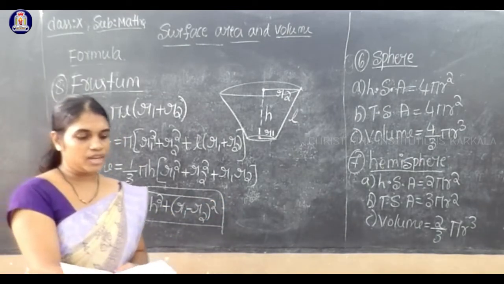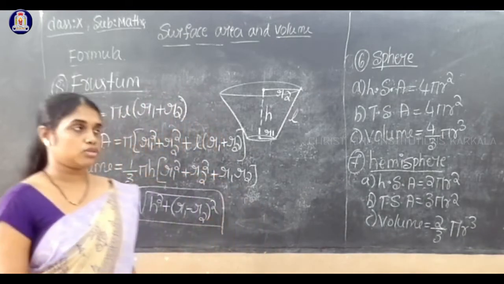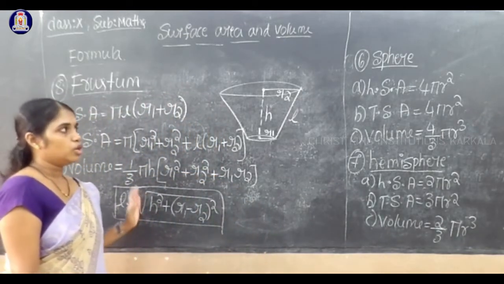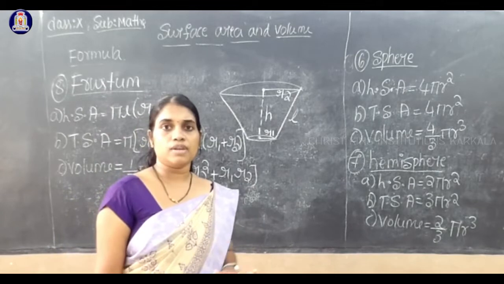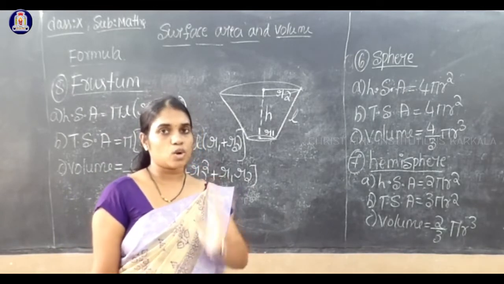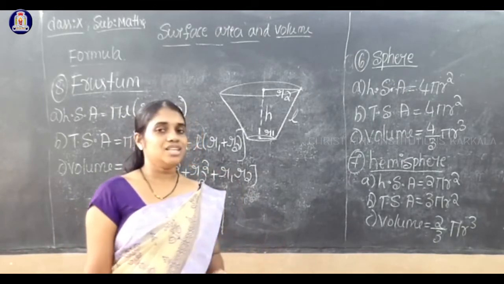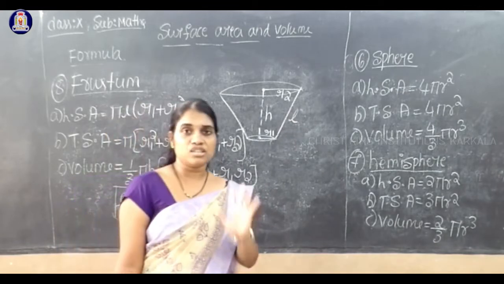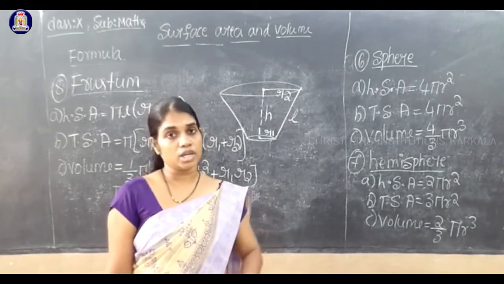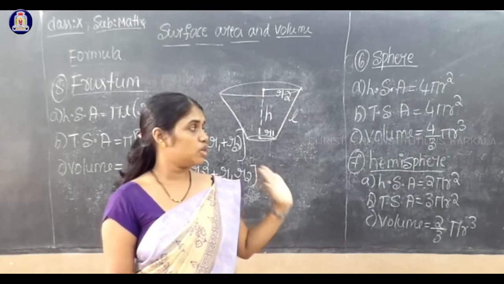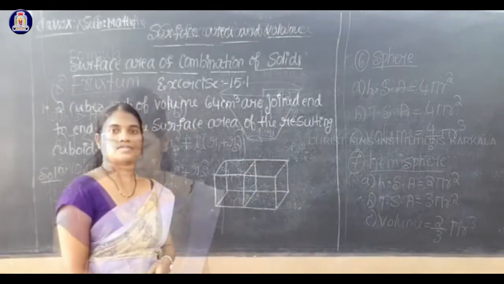L means slant height. So in this way we can calculate the length of the slant height. Remember students, we will use all these formulas while solving the problems. So at least write and practice each formula at least 5 times, or else you will get confused. Therefore write and practice, that's all.